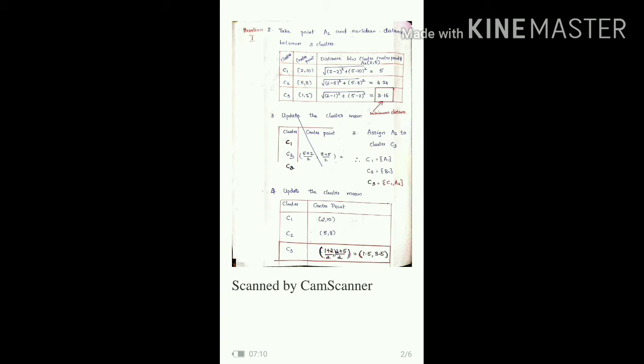The first iteration starts. Take the point A2 and find out the Euclidean distance to these three cluster centers. Euclidean distance is equal to the square root of the observed value minus the actual value squared, plus again the observed value minus the actual value squared.